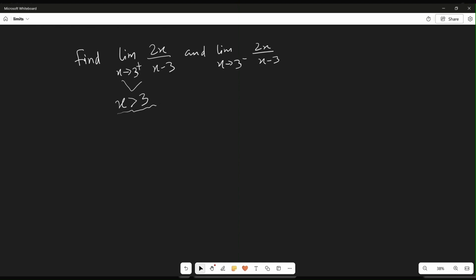And for this 3, we see this negative sign at top, which means we're looking to find the limit for this function close to 3 but less than 3.